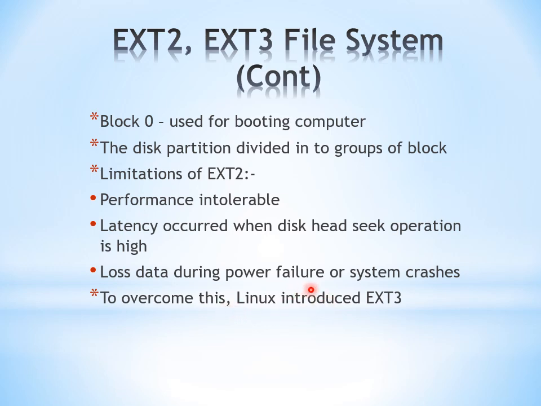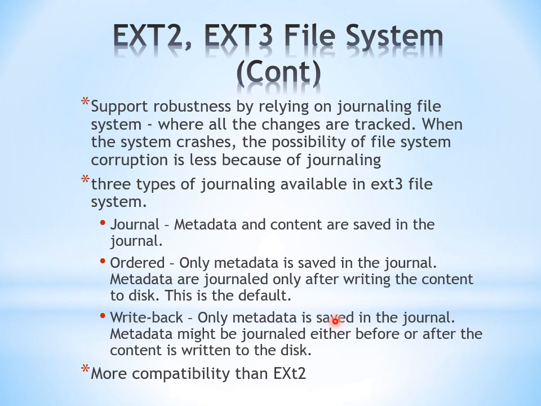That's why they use the extended 3 file system. Currently, Linux is using the extended 3 file system, because it provides more robustness by providing a journaling system, where all the changes are tracked, and when a crash happens the possibility of system corruption is less.